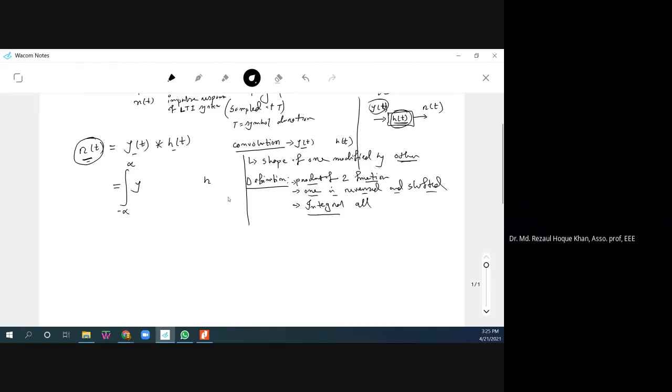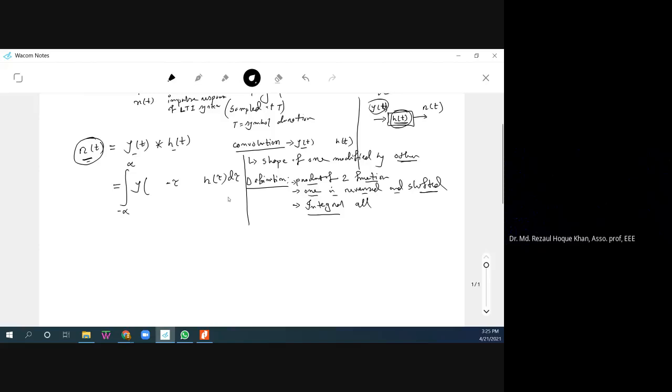One is reversed and shifted, the other is not, so let's keep h as h(tau), d tau, because it will be integrated. y will be reversed, so typically I should write y(tau), but because it is reversed, it is y(t minus tau).